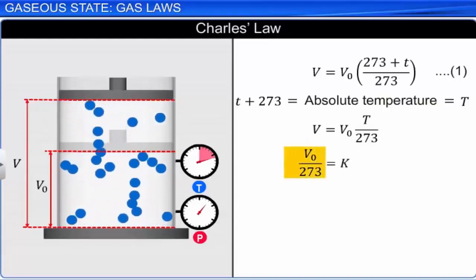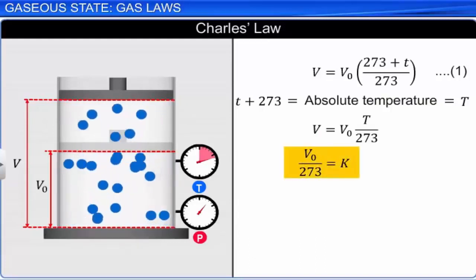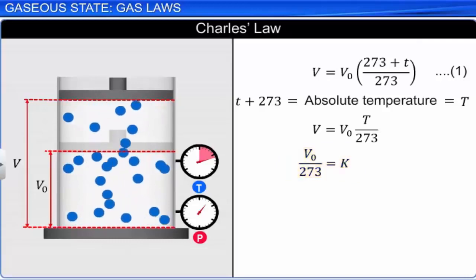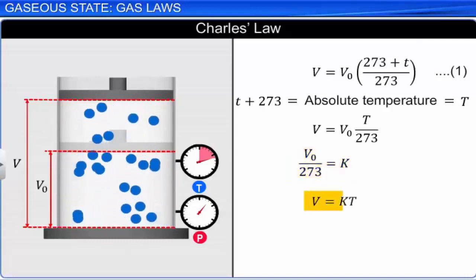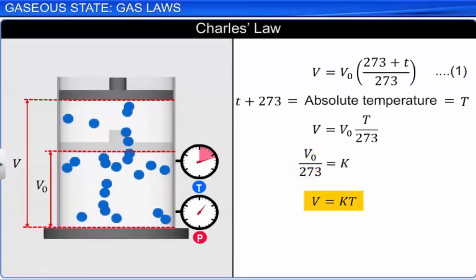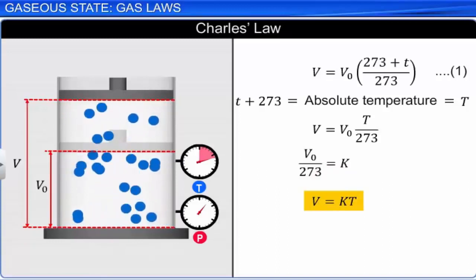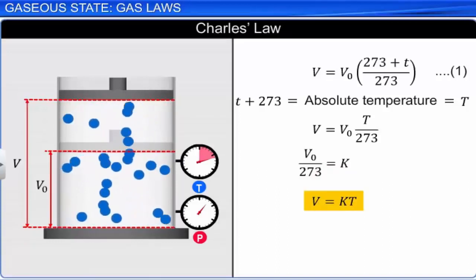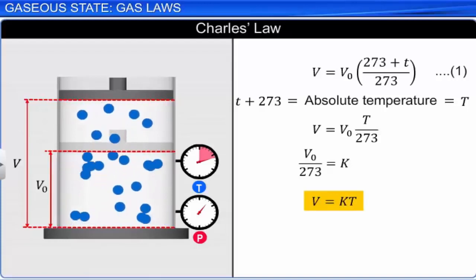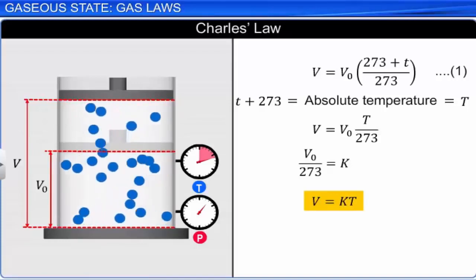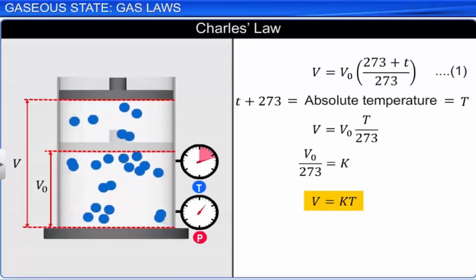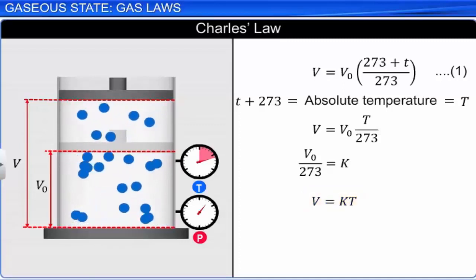Therefore, V is equal to kT, where k is a constant. Remember, temperature T is in Kelvin scale. This is a mathematical expression for Charles' law, which states that the volume of a fixed mass of a gas is directly proportional to its absolute temperature if the pressure is kept constant.